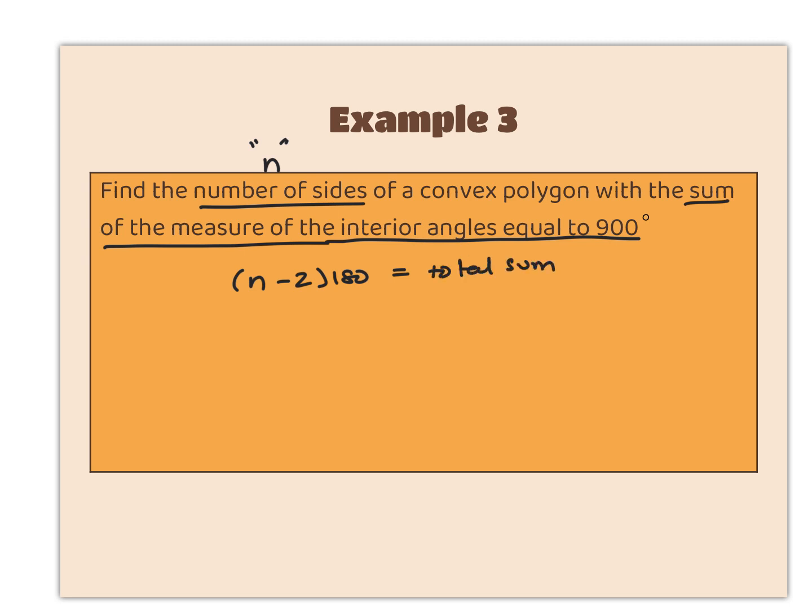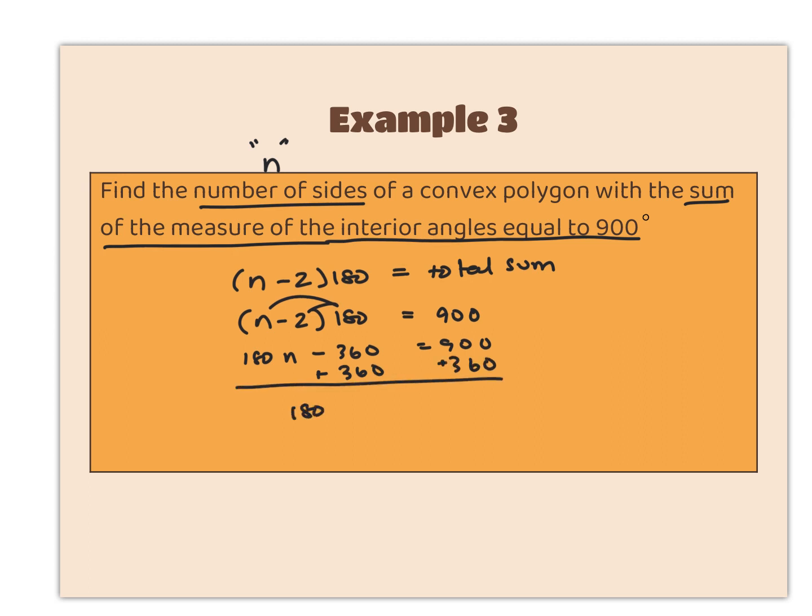Okay, well, notice that they gave us the sum. So I'm plugging 900 in here, and I need to solve for n. Now I just did that on the last slide, and n is 7. But again, I'm not supposed to know that yet, right? So I can do the math 2 ways. I can distribute the 180. I get 180n minus 360 equals 900. I could add 360 to both sides.